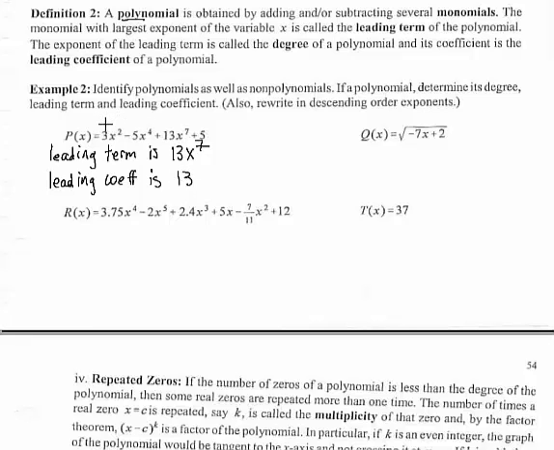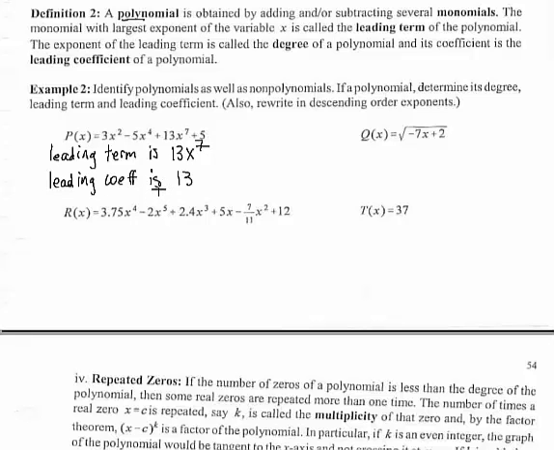And so we have several coefficients in this polynomial. 3, -5, 13, and 5 are all coefficients. But we go with the 13, not because the 13 is the biggest coefficient, but because the 13 is the coefficient of the term with the highest exponent. So leading term is 13x to the 7th. Leading coefficient is the coefficient of that term, 13.